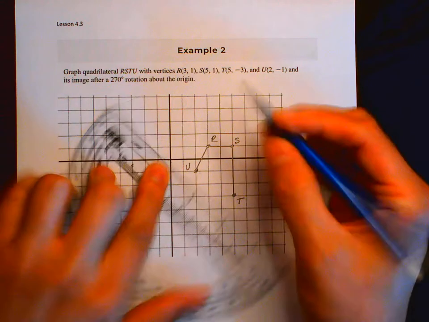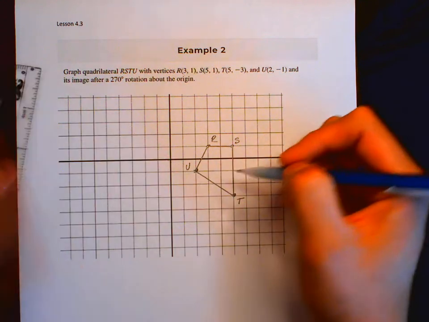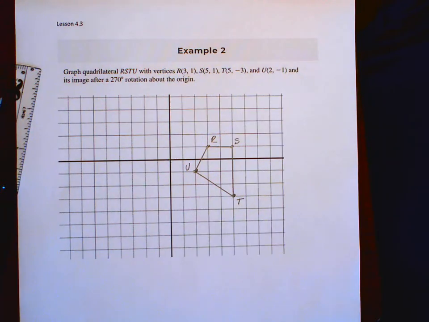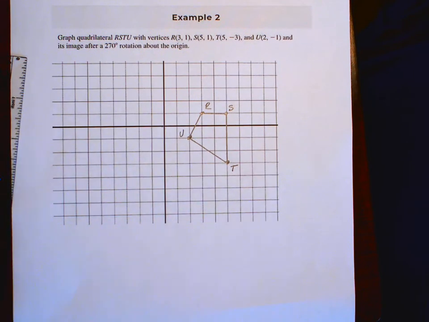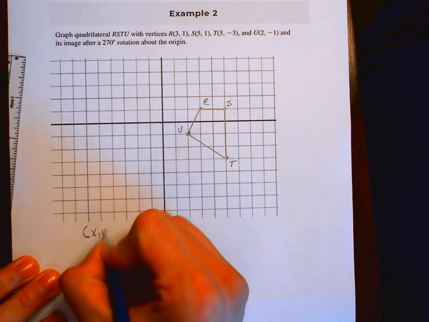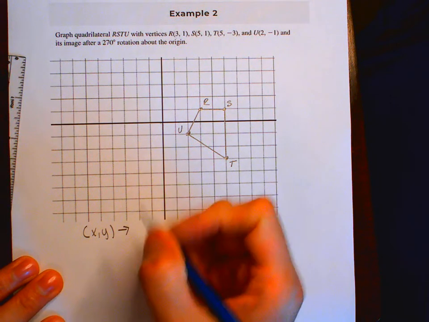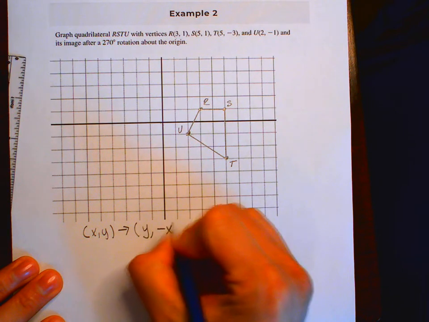Now in this lesson, guys, you're going to have to pause a lot because there's a lot of graphing you need to do. Now what we're going to do is a 270-degree rotation. So I'm going to move this up just a little bit. Now the rule for a 270-degree rotation is this. That's the rule.